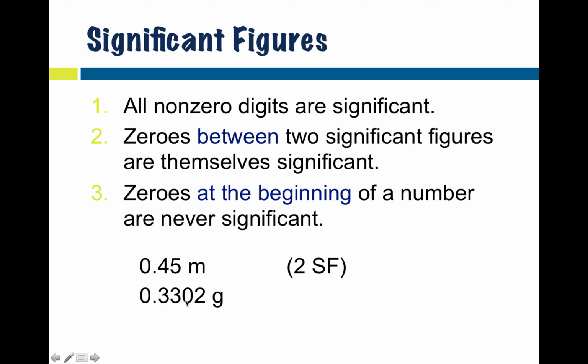This one, however, is sandwiched, so it is significant. So this number, 0.3302, has 4 sig figs. 0.0014, all of these are at the beginning. None of them are sandwiched, so none of these are significant. This number has 2 sig figs.